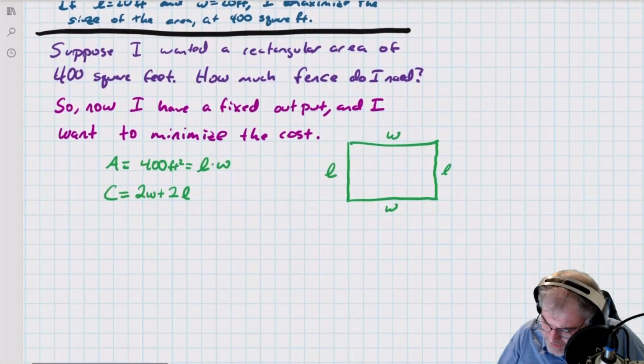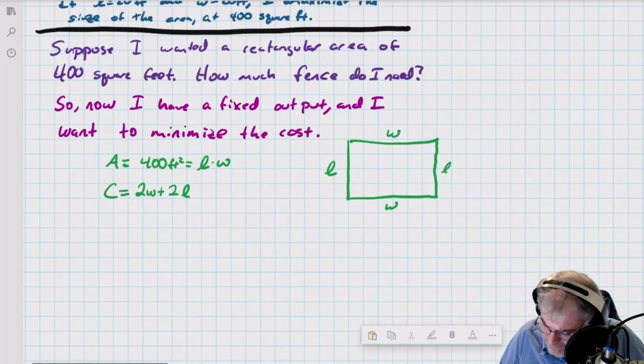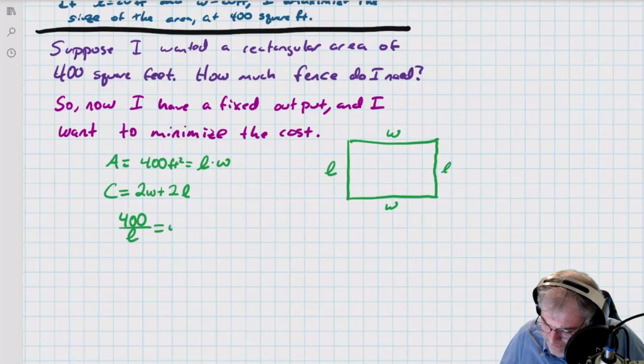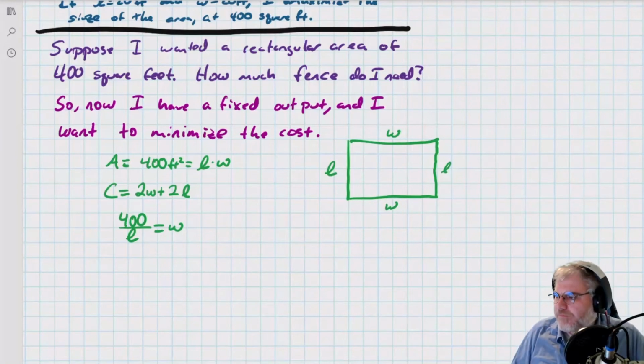Let's look at this equation here. I know I'm going to need 400 feet squared equals L times W. So 400 over L is going to equal my W. So whatever my L is will actually determine what my W is.